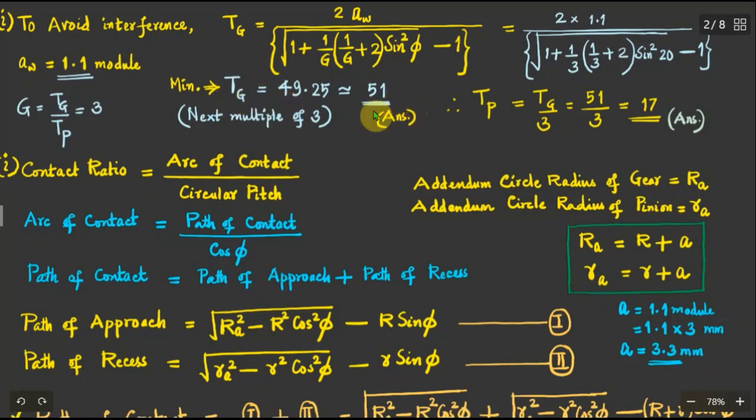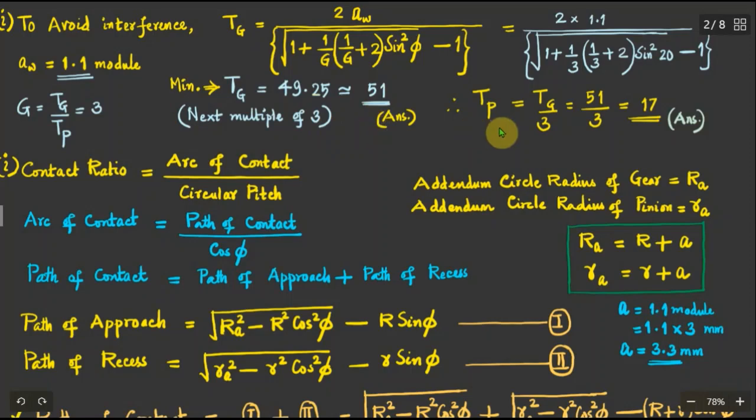But again, one concern here: the gear ratio is given as 3. So if the number of teeth on the gear is TG, the number of teeth on the pinion will be TG divided by the gear ratio, so TG divided by 3. Therefore it must be a multiple of 3. If TG is equal to 49.25 and you round it off to the next multiple of 3, you will get 51. 51 is the multiple of 3 after 49.25.